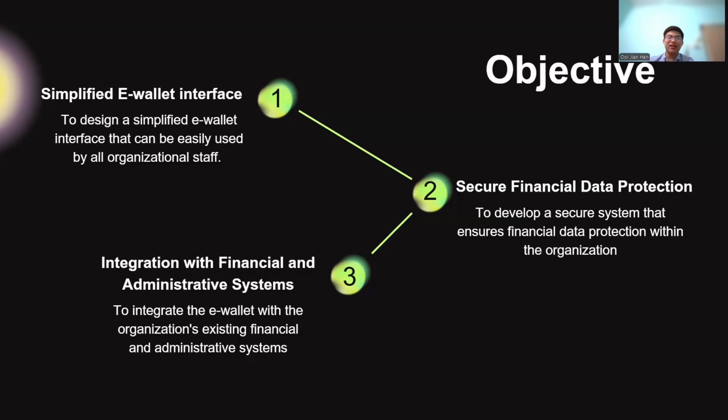The second is secure financial data protection. We will develop a system where users need to log in with their password and email. Also, when the staff need to transfer money, they need to enter their password. So this is a more secure system.